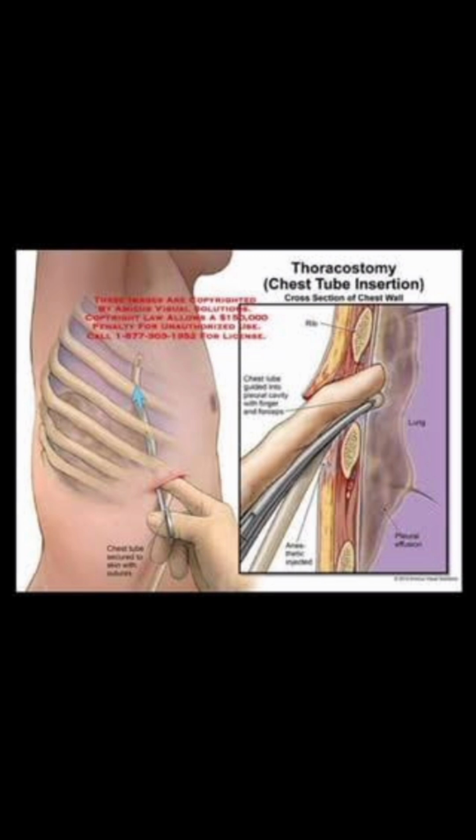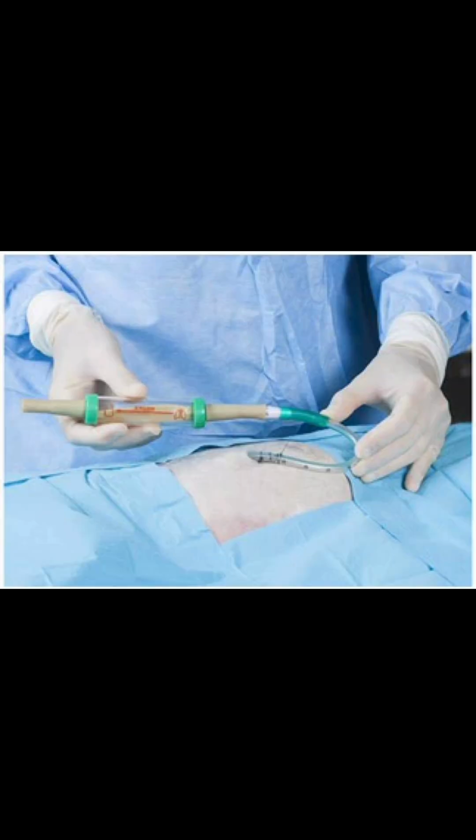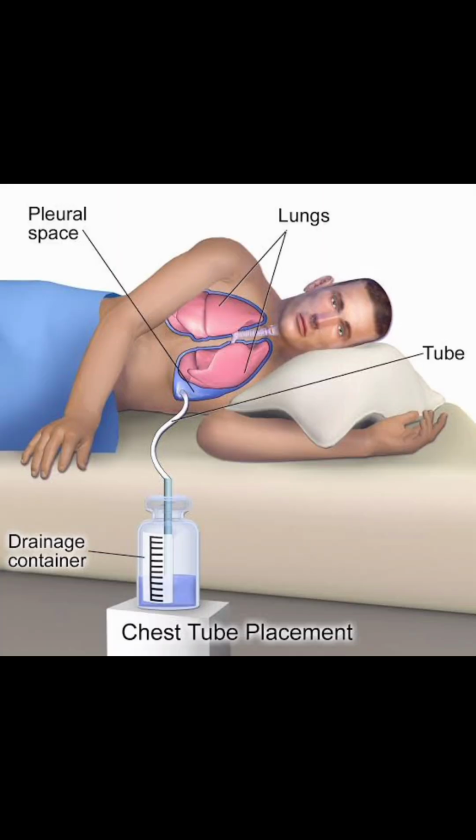A Heimlich valve may also be used to evacuate air from the pleural space. The Heimlich valve is a portable, lightweight, one-way flutter valve device similar to a water seal drain. The most definitive and common form of treatment of pneumothorax and hemothorax is to insert a chest tube and connect it to a water seal drainage.